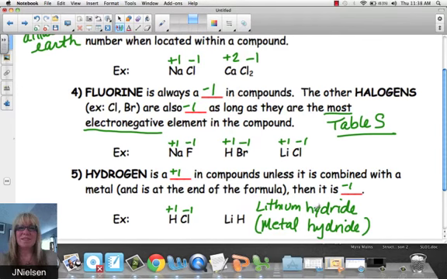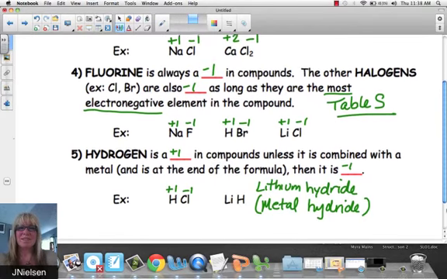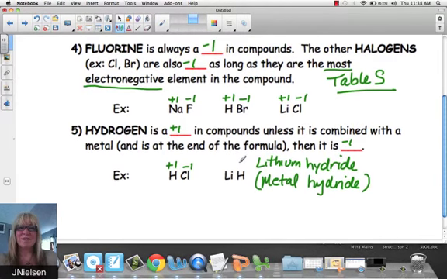So I could replace this lithium with anything else. When you form a metal hydride, hydrogen is going to be -1, and the metal will keep its regular charge. So what that means is that lithium will give up 1 and hydrogen will gain 1.